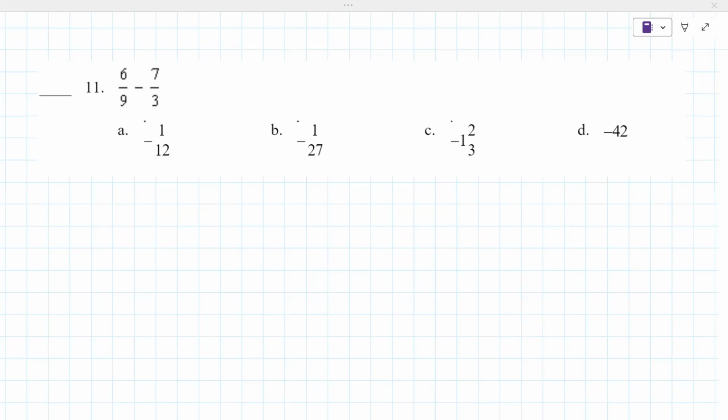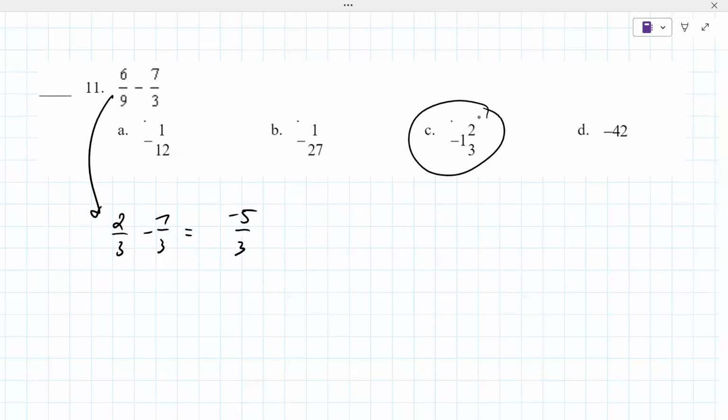C. It is C. The shortcut here would have been to recognize that's 2/3 minus 7/3, which is minus 5/3. Okay, we're going to stop there for today.